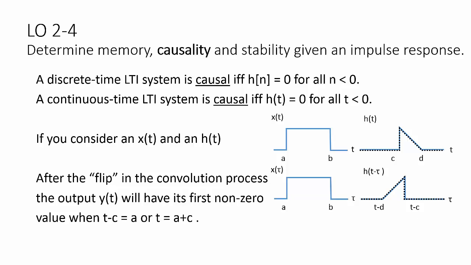As we slide our h past our x, we're going to get our first non-zero value when t minus c reaches a. This occurs when t is a plus c.